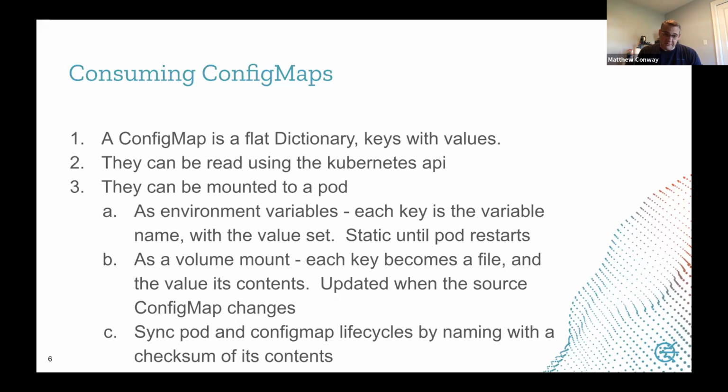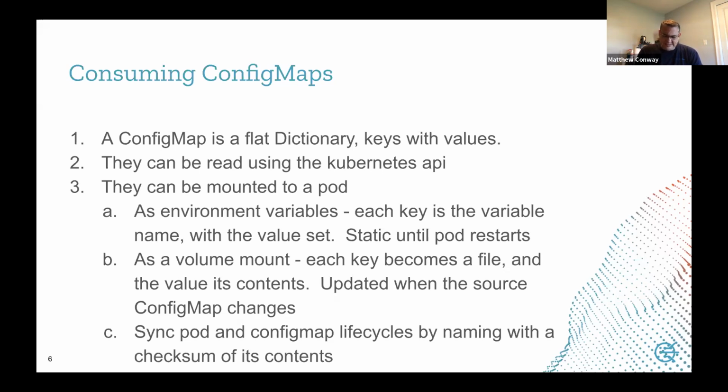Unlike the environment variable form, if you change a config map, the files will be updated on the file system in the running pod. So that's sort of the easiest way to be able to get updates without doing a restart, though it would then be up to you to actually notice that the file changed and reload the new value.